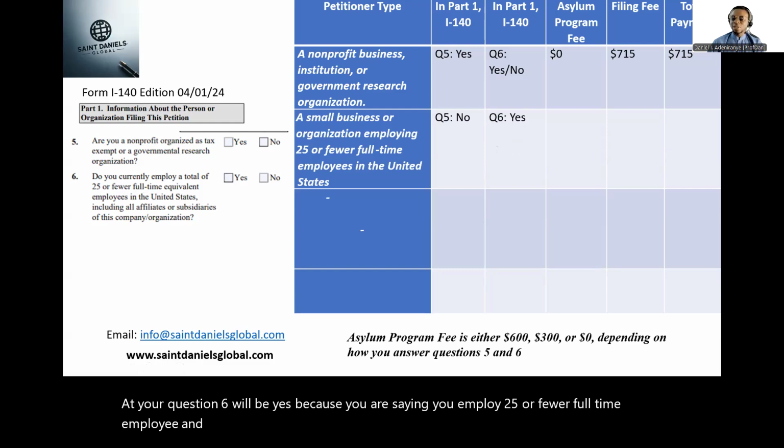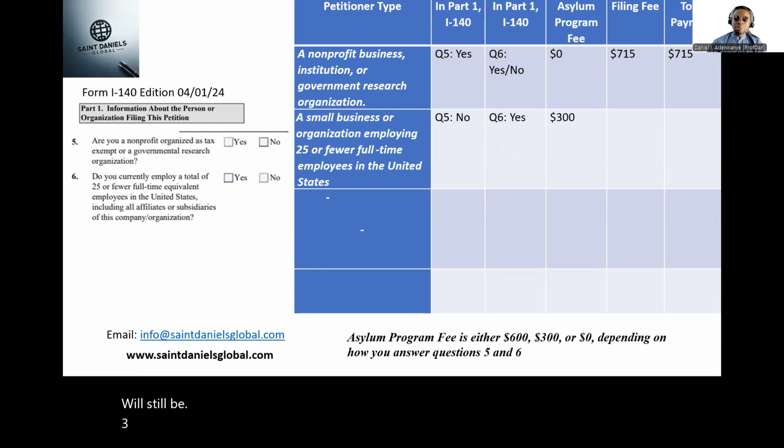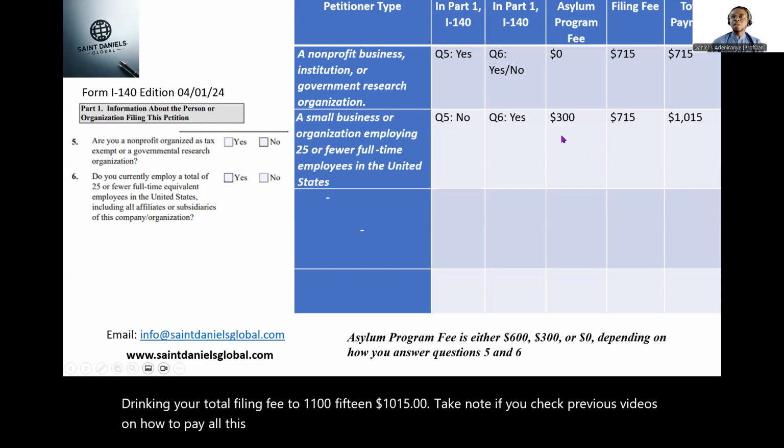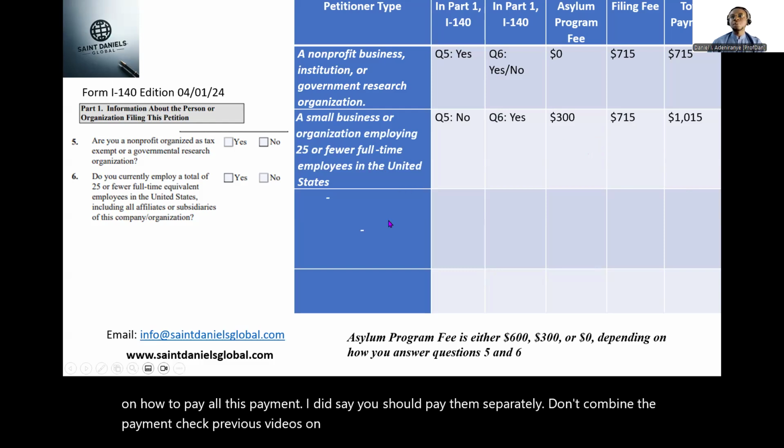In that case, your asylum program fee will be $300, bringing your total filing fee to $1,015. Take note, if you check previous videos on how to pay all these payments, I did say you should pay them separately. Don't combine the payments.